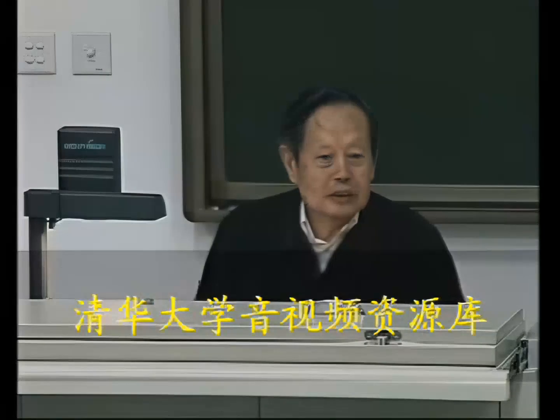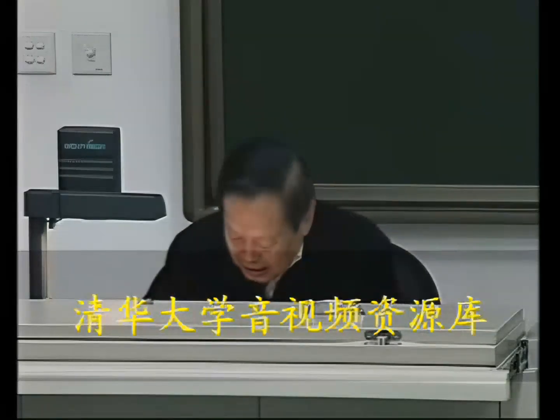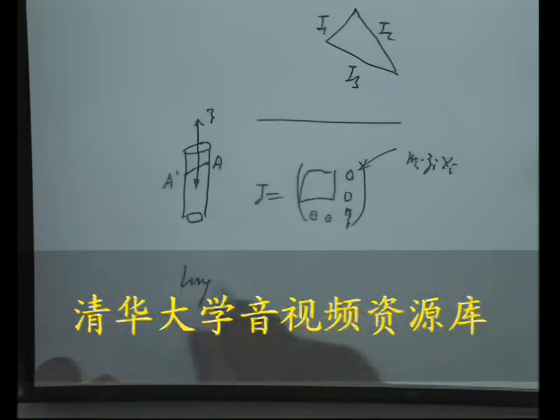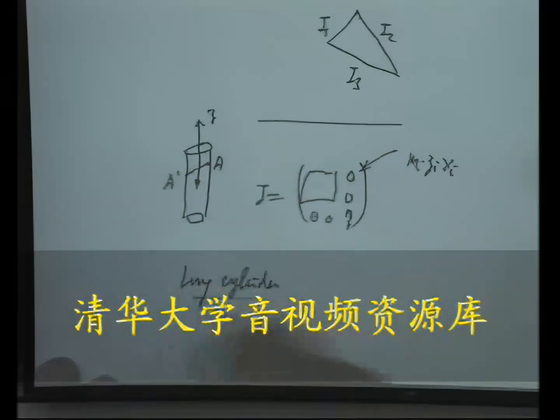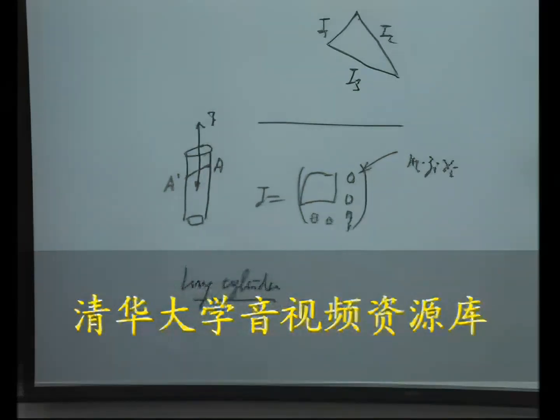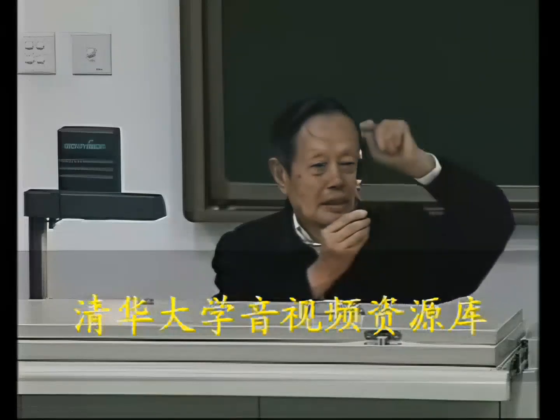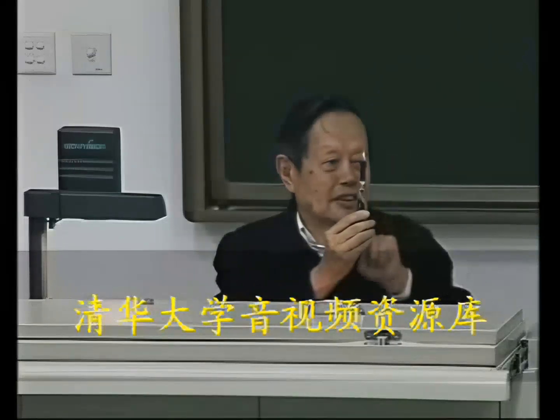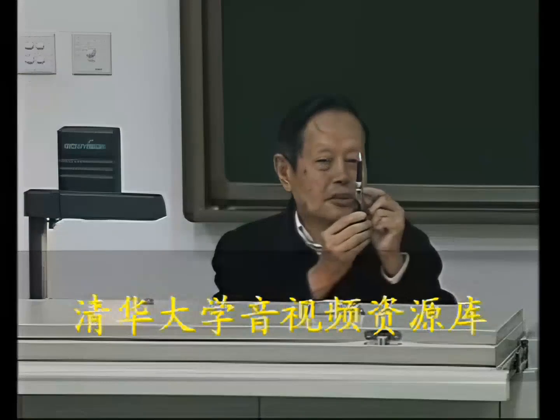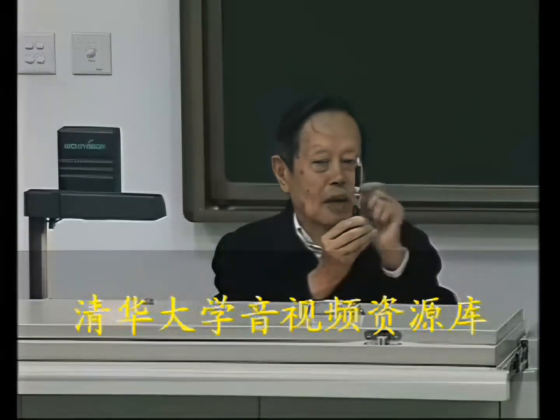But how about the magnitude? Okay, first, let's take this long cylinder. Let's take this pen. I3 is along this direction, and it's equal to the summation of xi squared plus yi squared.